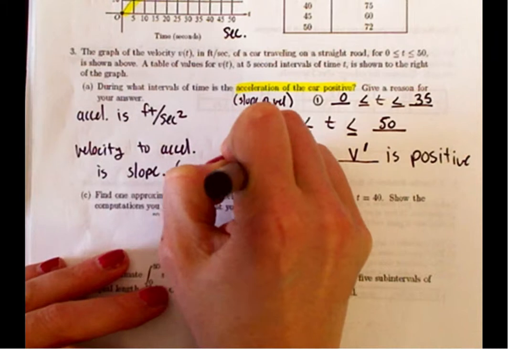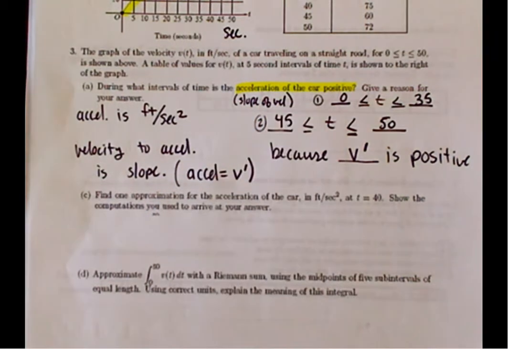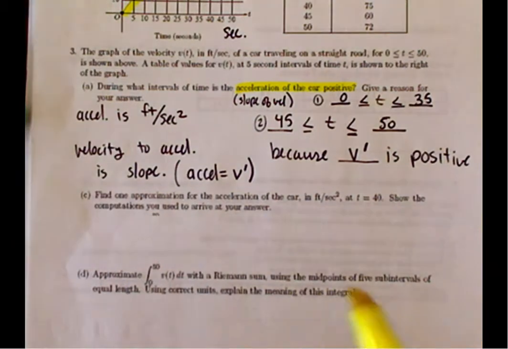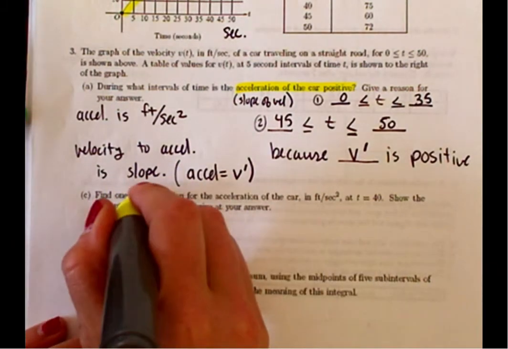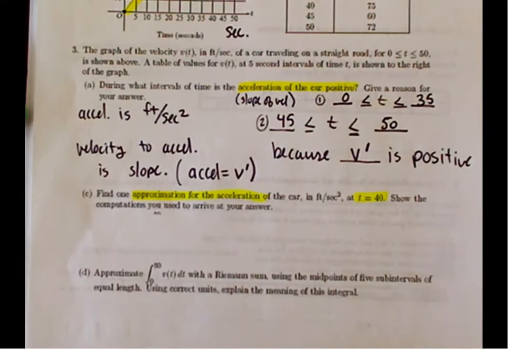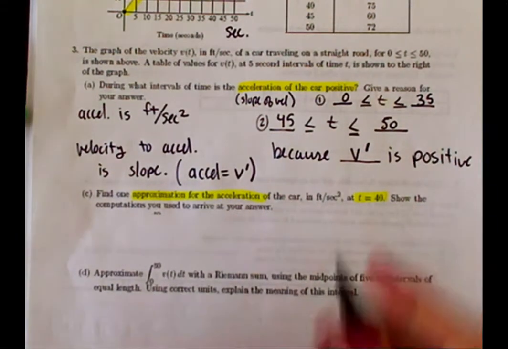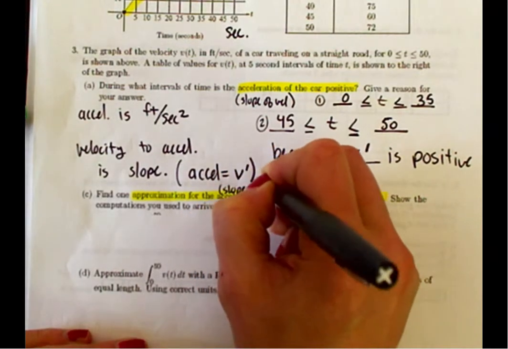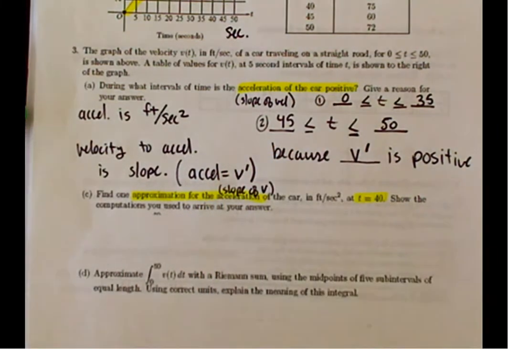Acceleration equals V prime. Okay, find one approximation for acceleration at t equals 40. Well, instead of acceleration, I'm going to say slope of velocity.